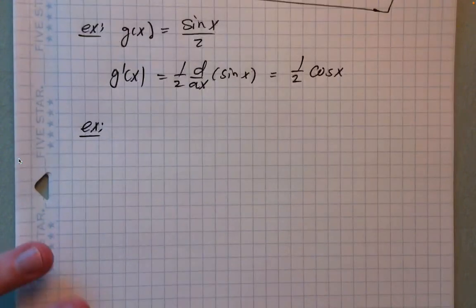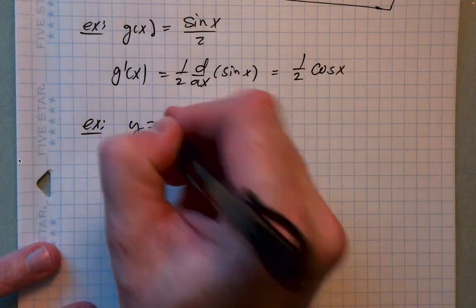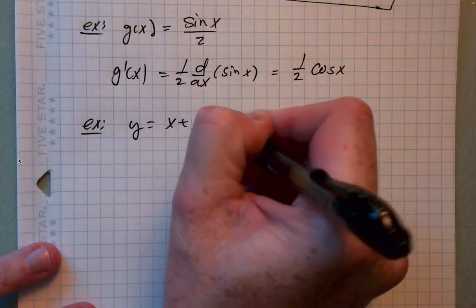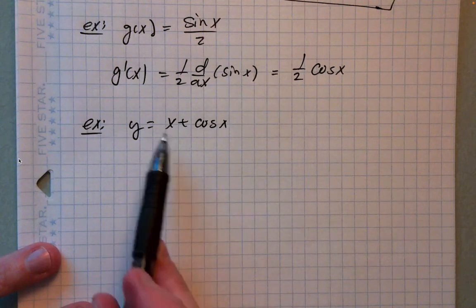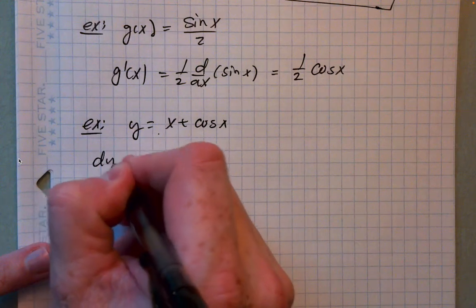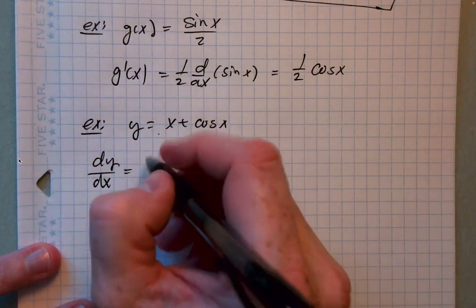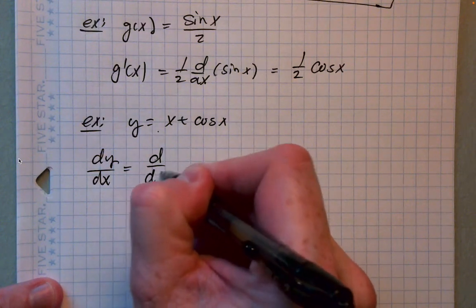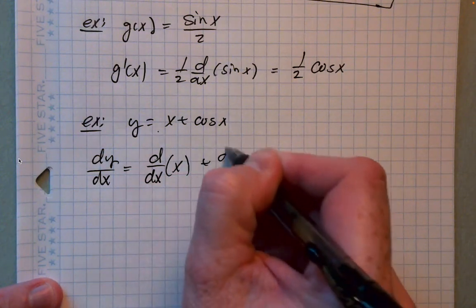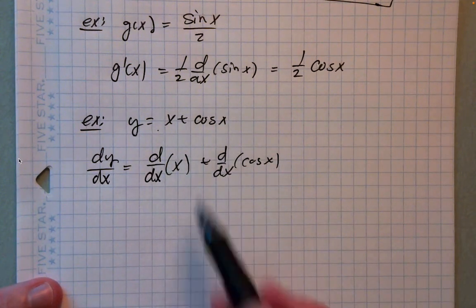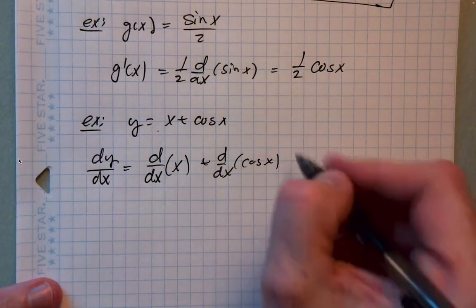How about this guy? Let's say y is equal to x plus cos x. Okay, so we've got multiple terms added together. So then dy dx is equal to, and you can break this apart right up front if you want to, d dx of x plus d dx of cos x. So you can pull that sum apart, work out each of these individually.